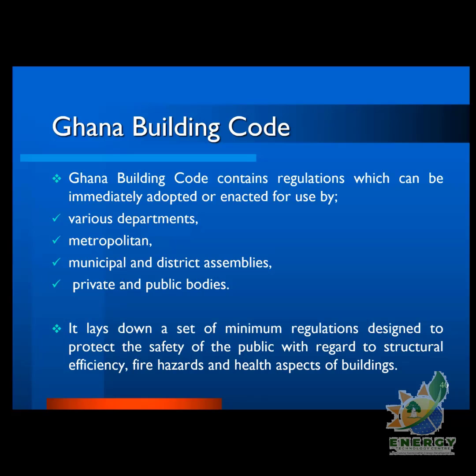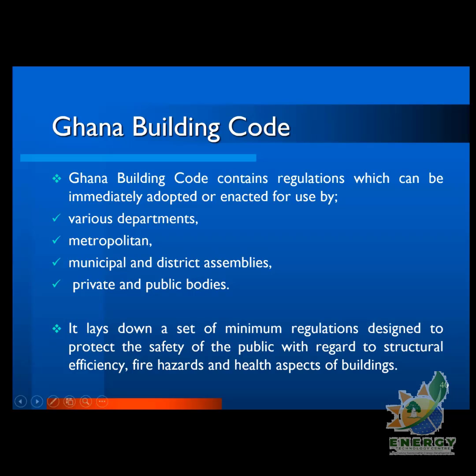Since I think 2018 or so, we've had the Building Code for Ghana, and this building code contains regulations which can be immediately adopted or enacted for use by various departments, metropolitan, municipal and district assemblies, and private and public bodies. And it lays out a set of minimum regulations designed to protect the safety of the public with regards to structural efficiencies, fire hazards, and health aspects of buildings.